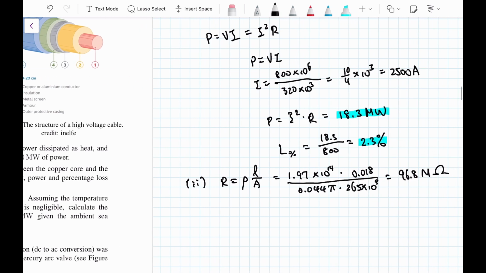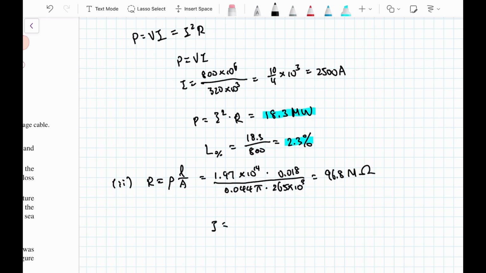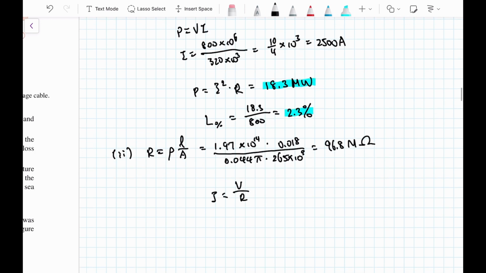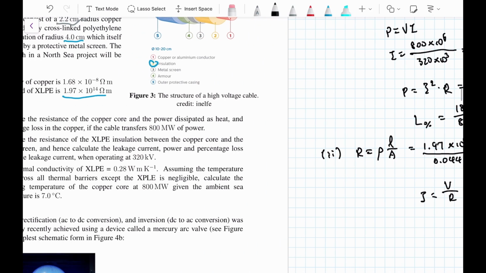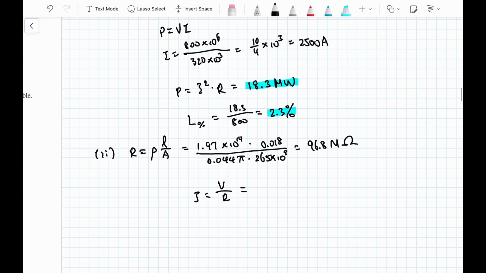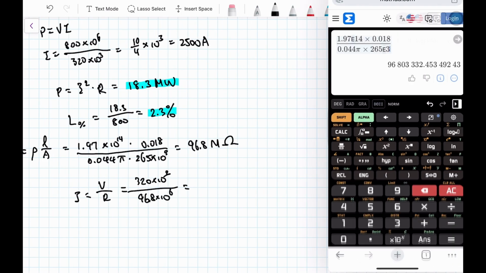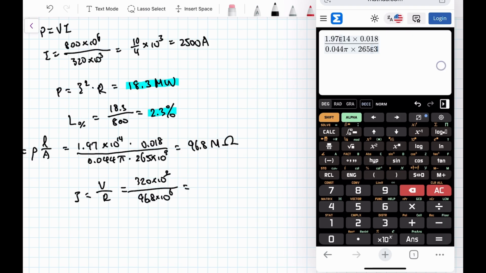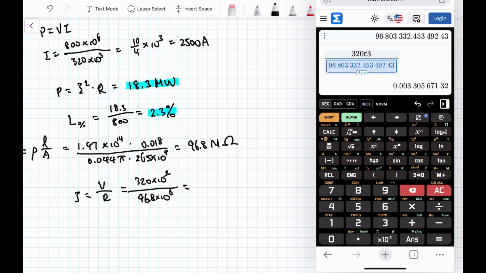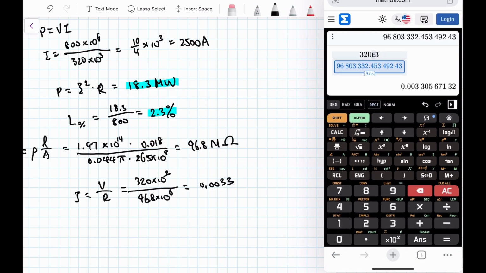So the leakage current would be I is equal to V over R. The voltage is given as 320 kilovolts, and then over this, so that's 320 times 10 to the 3 over 96.8 mega ohms, which is 0.0033 amperes.